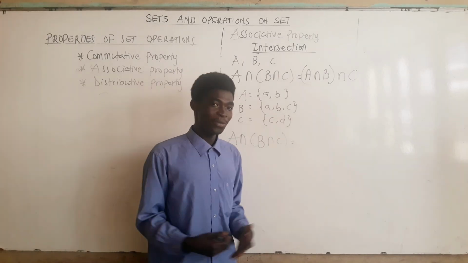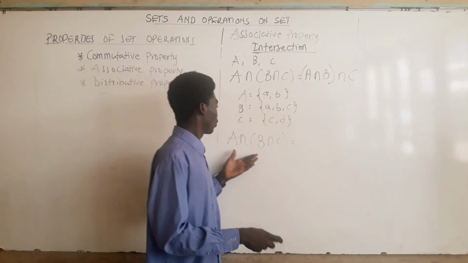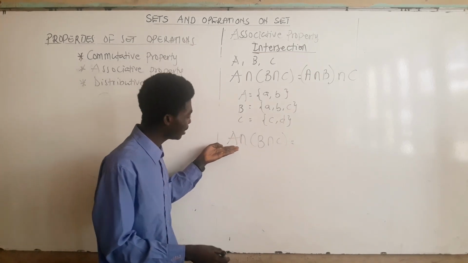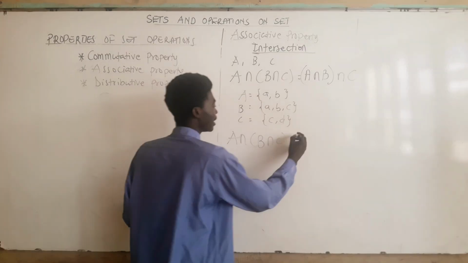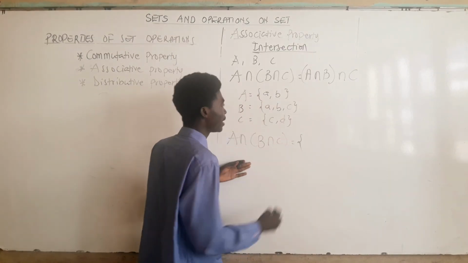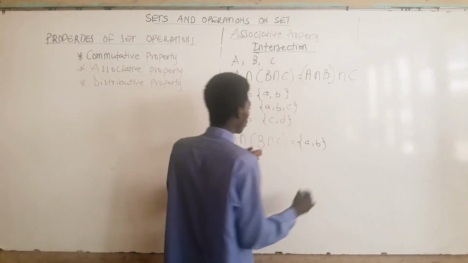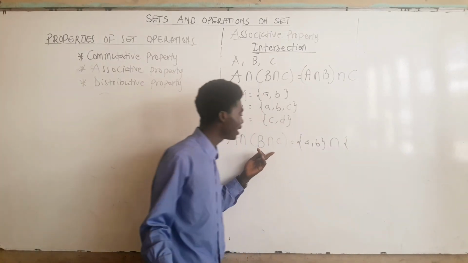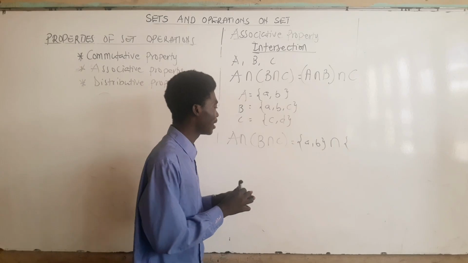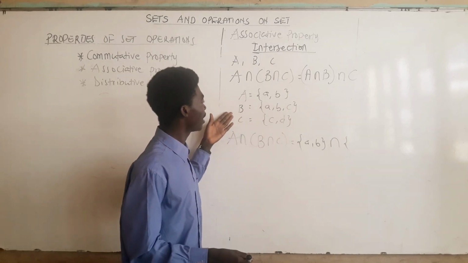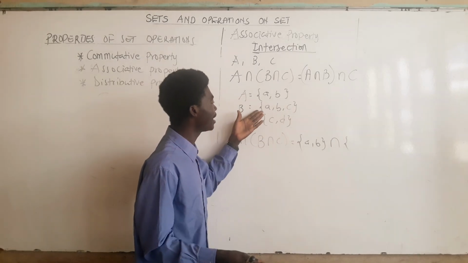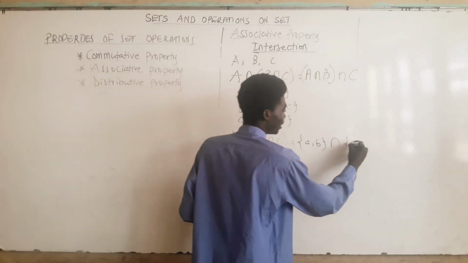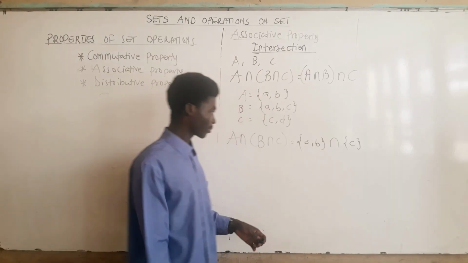Okay, so now let's prove it. First, A intersection. This is the set A, so we bring the elements of set A, which are a and b. Now, B intersection C: which element can be found in B and at the same time in C? And that is the element c.